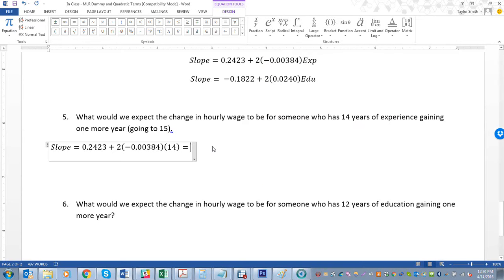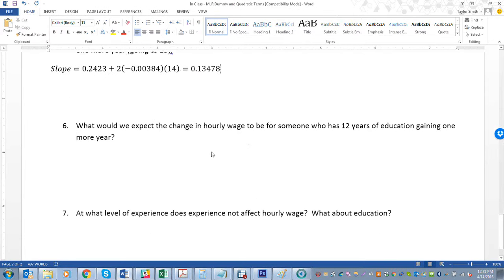So what this means is, going from an increase of 1, so going from 14 to 15, we would expect the change in the hourly wage to be about 13 cents, a little bit more than 13 cents. So not hard there.